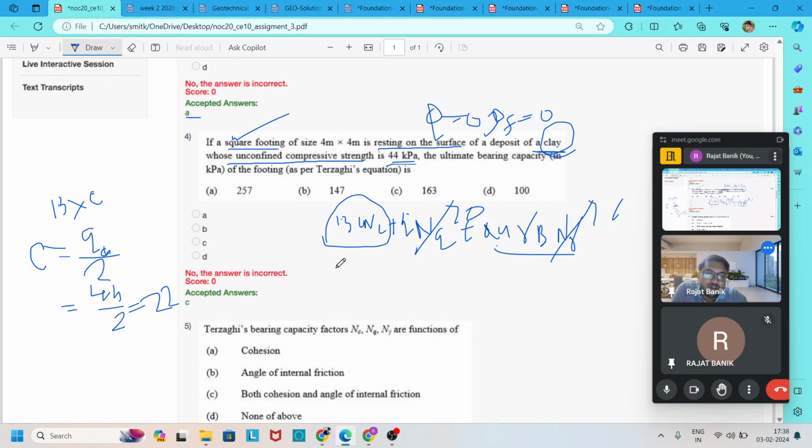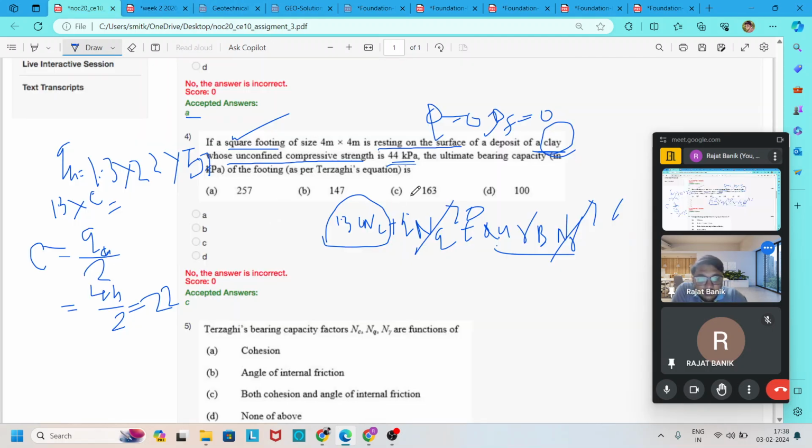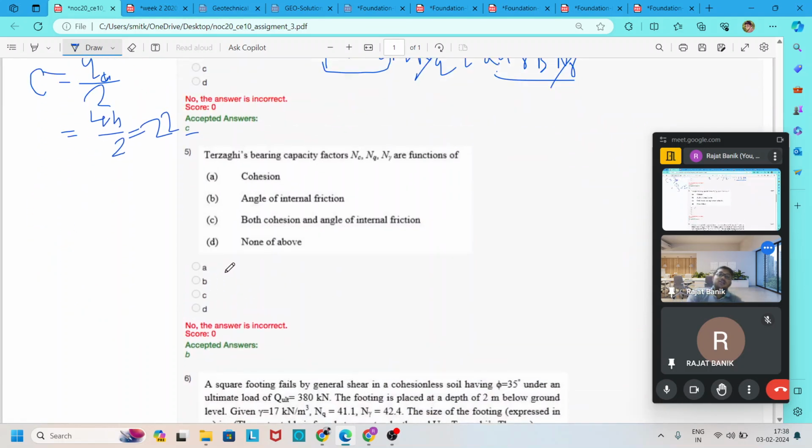So our c is 22, and the ultimate bearing capacity qu is equal to 1.3 times 22 times Nc, which is 5.7 for phi equal to 0 degrees. I also calculated it on my sheet, and it becomes 163. So the correct answer is option C, 163.